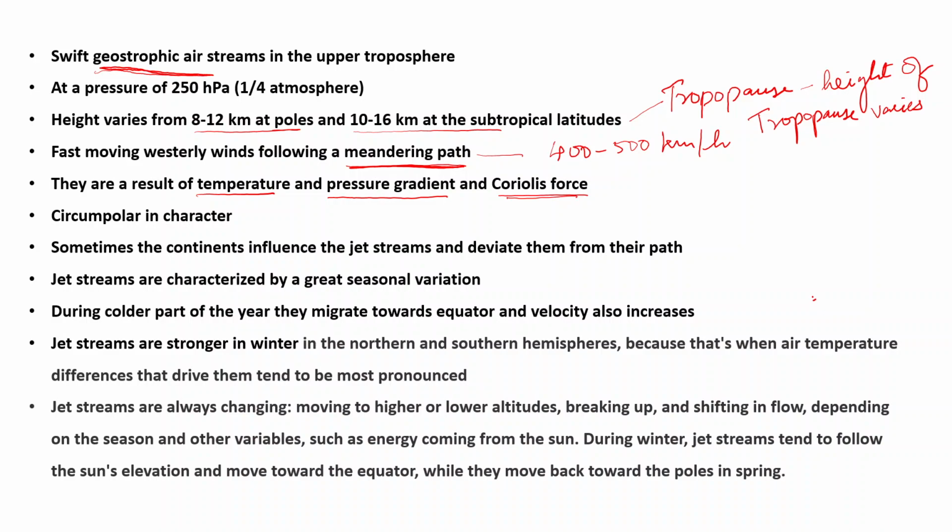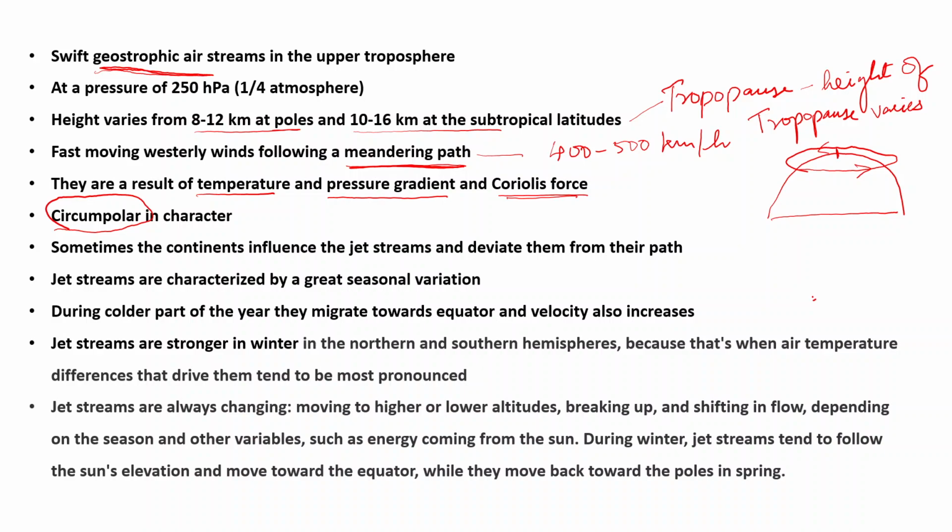The jet streams are circumpolar in character. You all must be knowing what circumpolar means. If, let us say, this is the earth, this is the northern hemisphere, this is the pole, the jet streams encircle the entire pole. That is why they are called circumpolar. So they do a round of the entire globe.